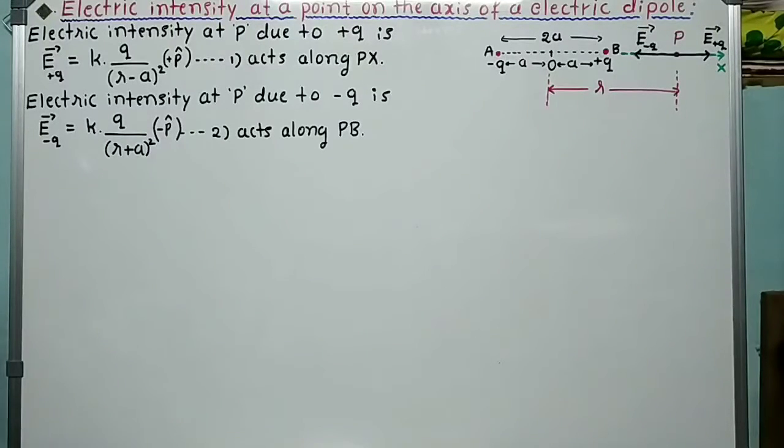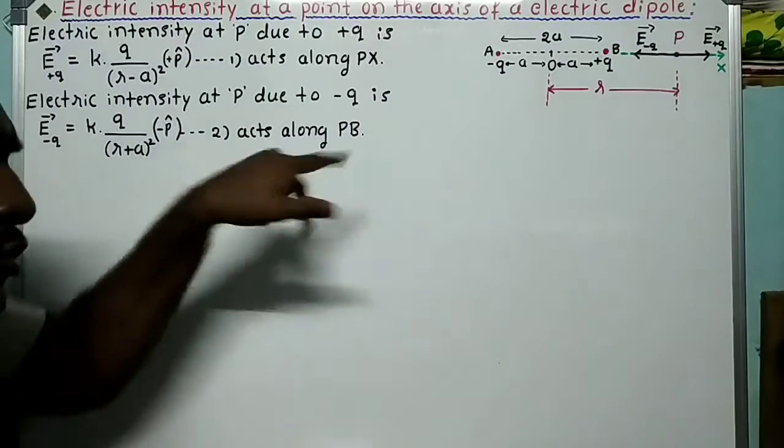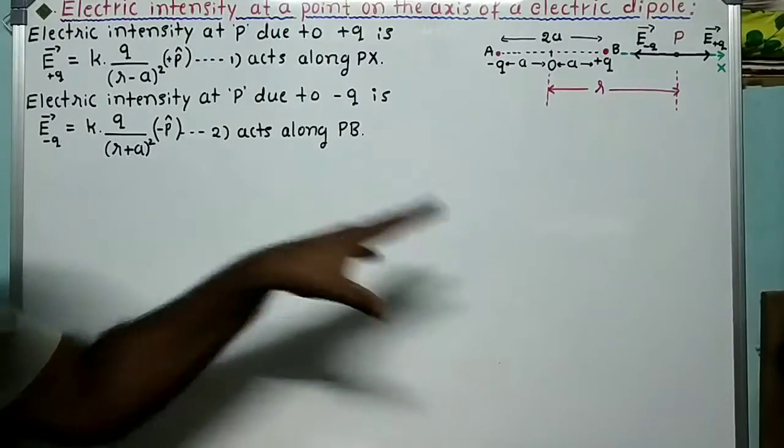Okay. Now this is the electric intensity at a point P due to the positive charge. This is the electric intensity at a point P due to the negative charge, which is acting along PB. Now, what is the net electric field at point P? The net electric intensity at point P due to both charges, that is due to the whole dipole.